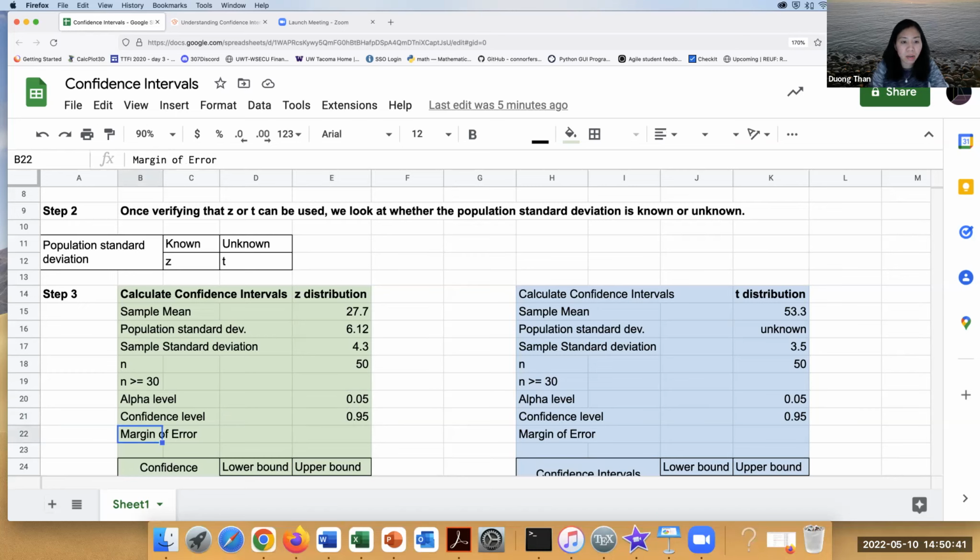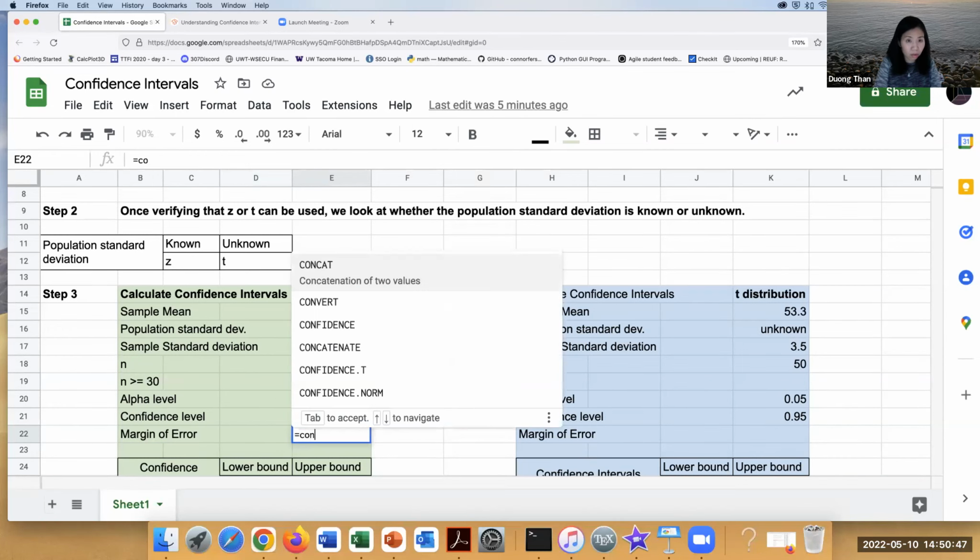From all this information, you can construct the margin of error using the functions. The function is CONFIDENCE.NORM, the confidence interval for normal distributions. This is the function we're going to use because we're using the Z values, and because the population standard deviation is known.